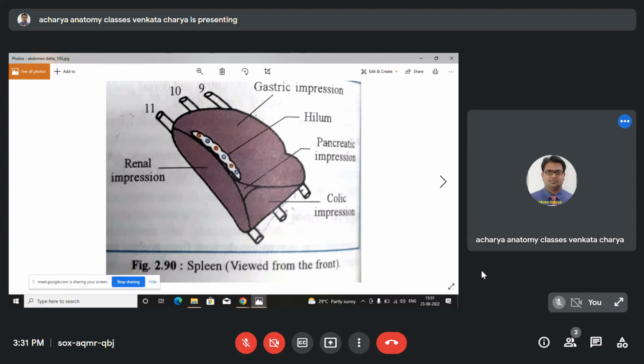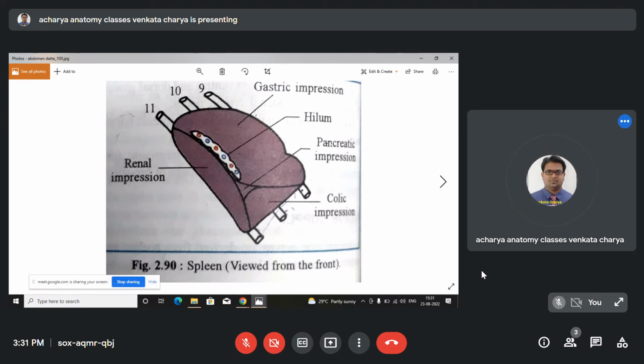Next, visceral surface. The visceral surface subdivides into two surfaces, upper and lower.